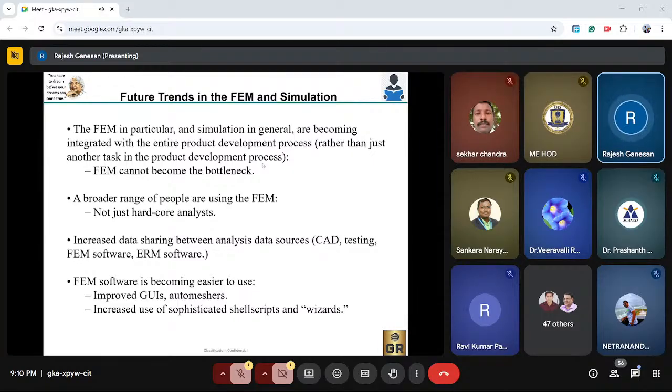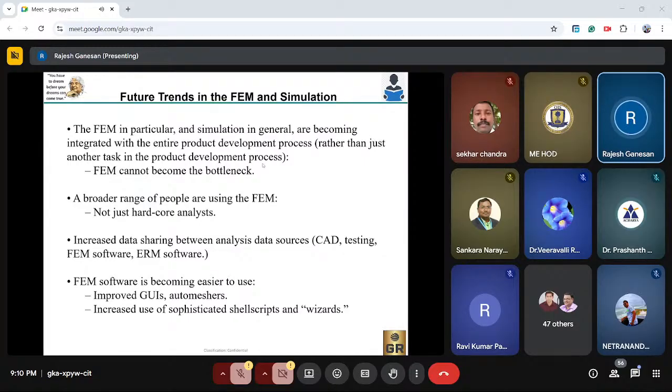FEM software is becoming easier to use. For example, as I showed you, the SimSolid tool is much easier, but we cannot expect very accurate results. We can see the overall result, and the concept design is okay. For example, in the SimSolid example I showed, I decided that this component is safe. That is the only result required for that test.